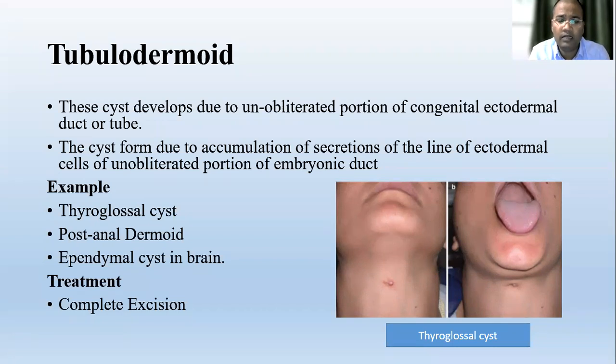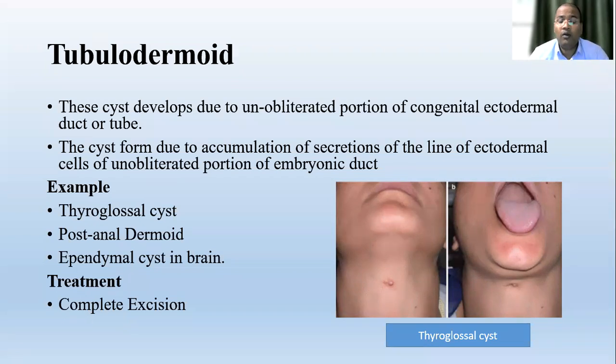There are a few ducts in our body which should be closed at the time of development, but sometimes if those ducts remain open for longer, they develop a kind of cyst called a tubular dermoid. So these are a kind of congenital cyst. Examples of this are thyroglossal cyst, post-anal dermoid, and epidermal cyst in the brain.